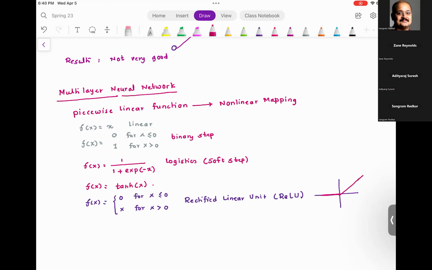Now, it is important to understand that when you have more than one layer, the standard optimization techniques do not work.